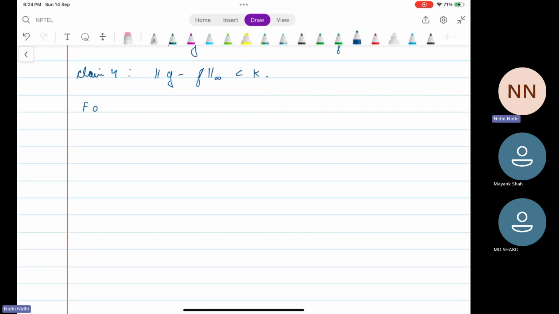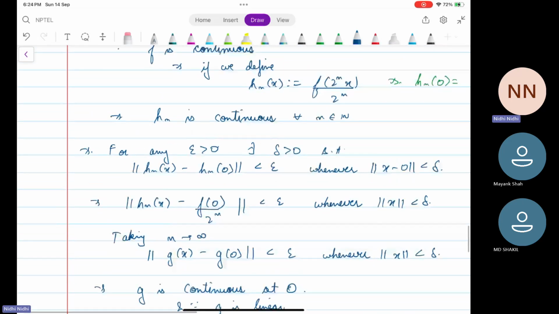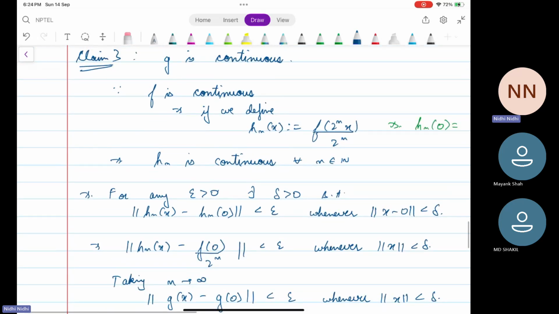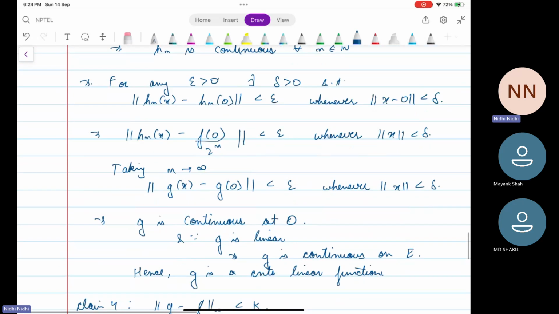Now for any x in E, we have norm h_n(x) minus f(x). You can see that this h_n(x) was nothing but a_n of our sequence if we fix this x.